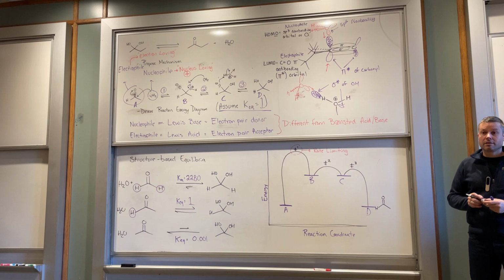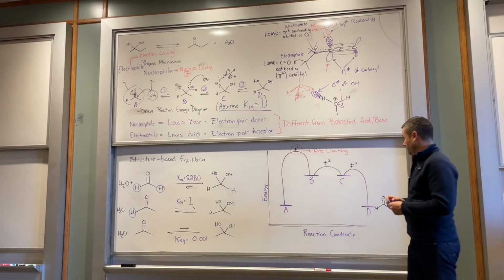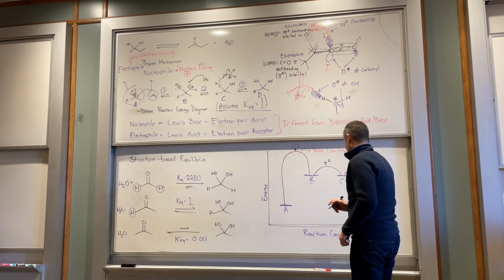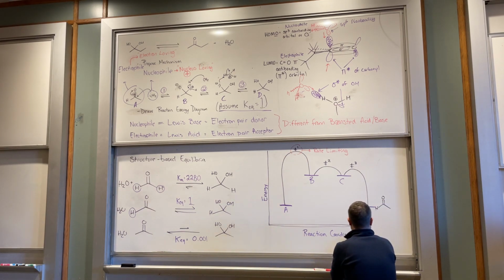Yep. The first reaction should be exergonic, so D would be lower than A, and the last reaction would be endergonic, so it would be higher. Oh, this is the hydrate, not that.